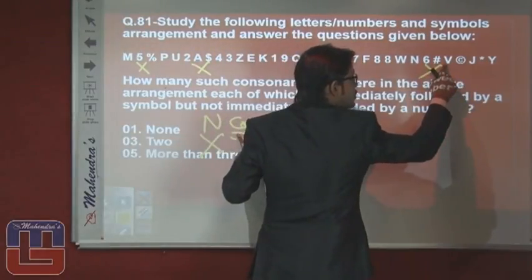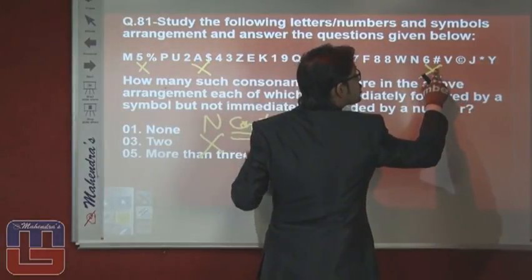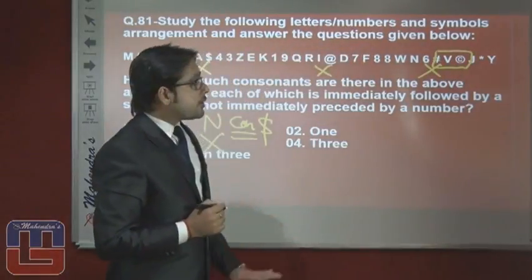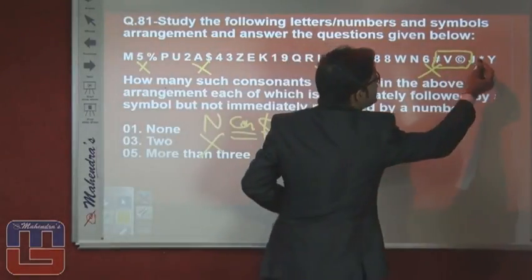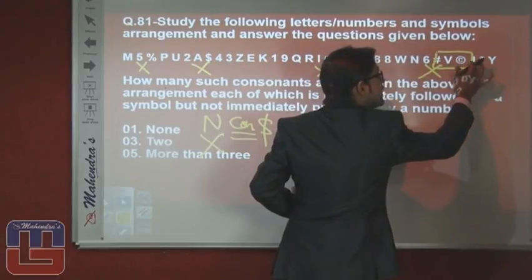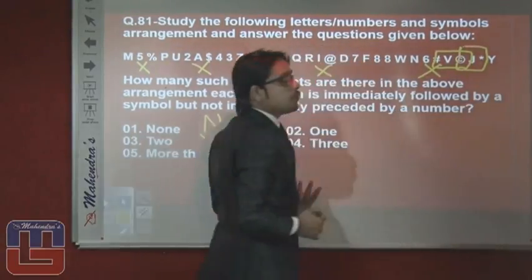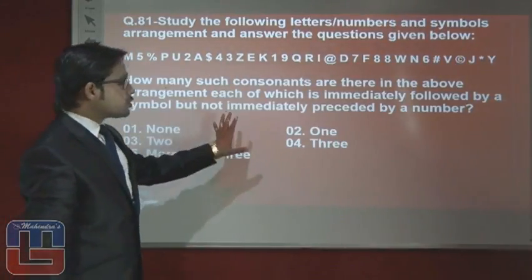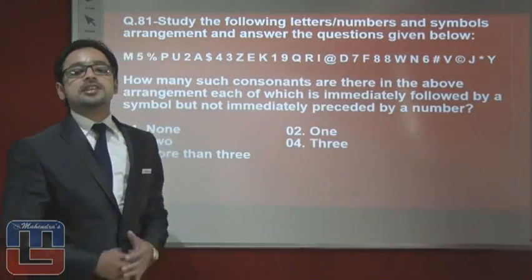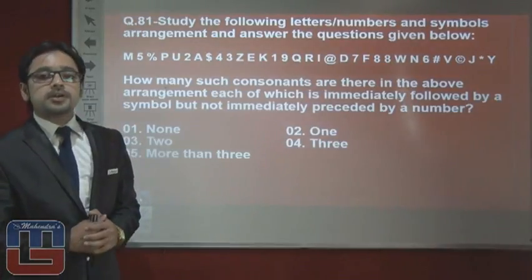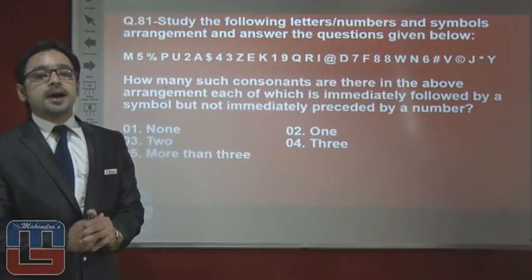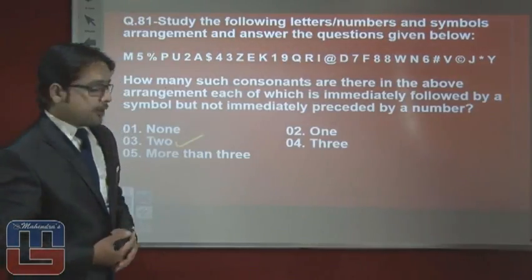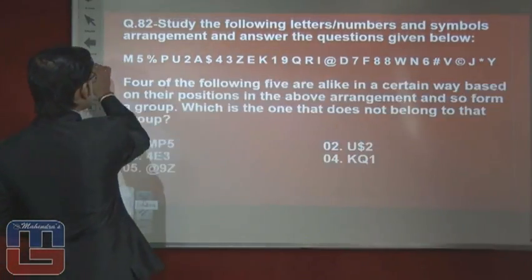Symbol, consonant and number should not be there, so first pair will be this. Now you can see here, again second pair we can find symbol, consonant and not any number. So we can say that two consonants are there, each of which is immediately followed by a symbol but not immediately preceded by a number. So our answer will be option number 3rd, which indicates 2. Let's move on towards the next question.